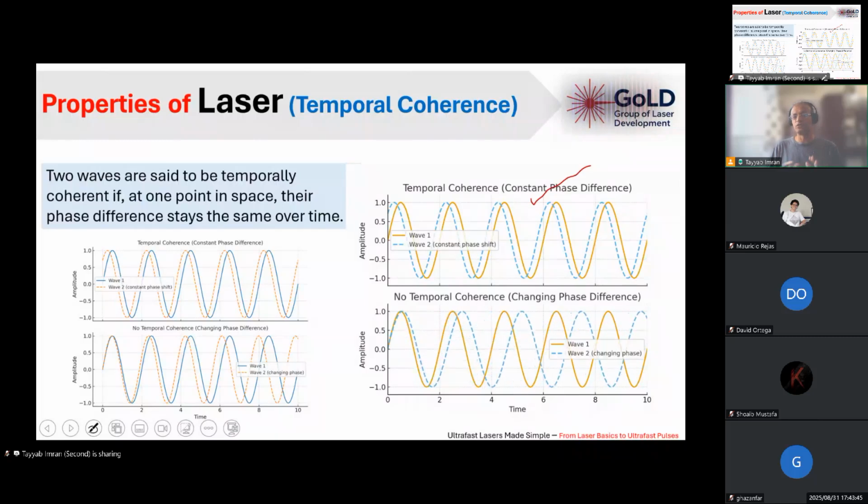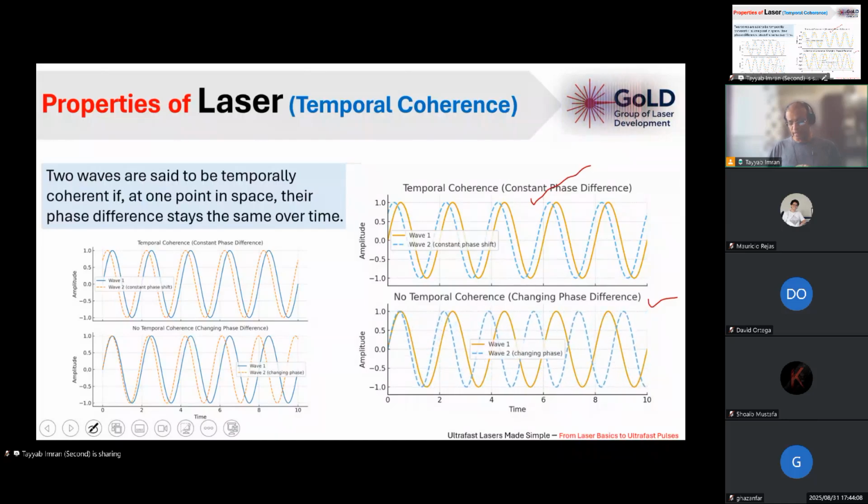Just for example, I'm showing the 2 waves. And if there is no temporal coherence, then the case will be what you can see here. The waves are temporally shifting from each other.